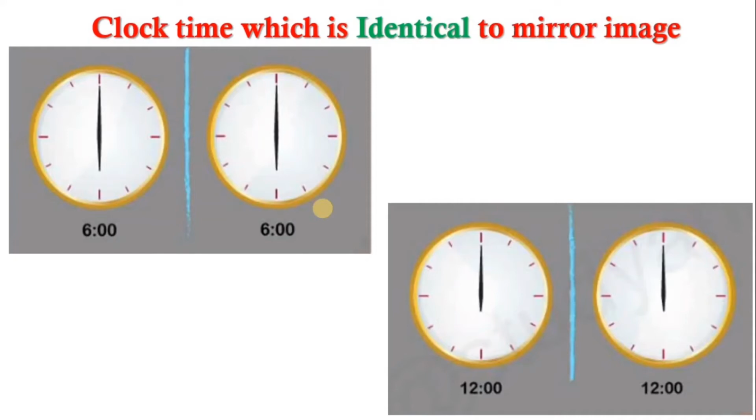Now if a different time is given, how do we find the mirror image? We are going to see one shortcut trick, and based on that you can solve the mirror image problem. So 6 and 12 we are not considering. If a different time is given, we are going to solve it this way.